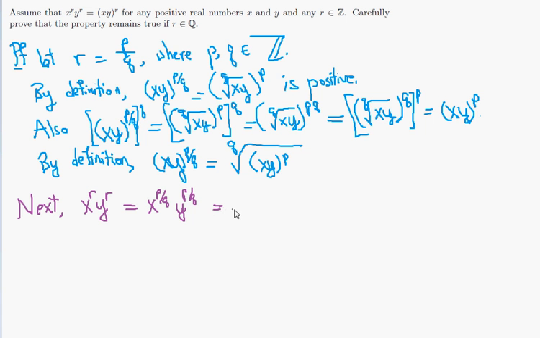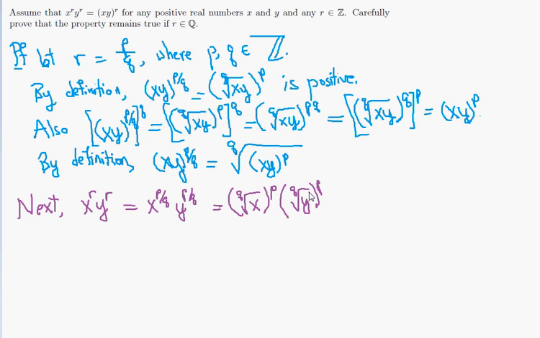Again, by definition, x to the p over q is the qth root of x raised to the p, and that's times the qth root of y raised to the p.